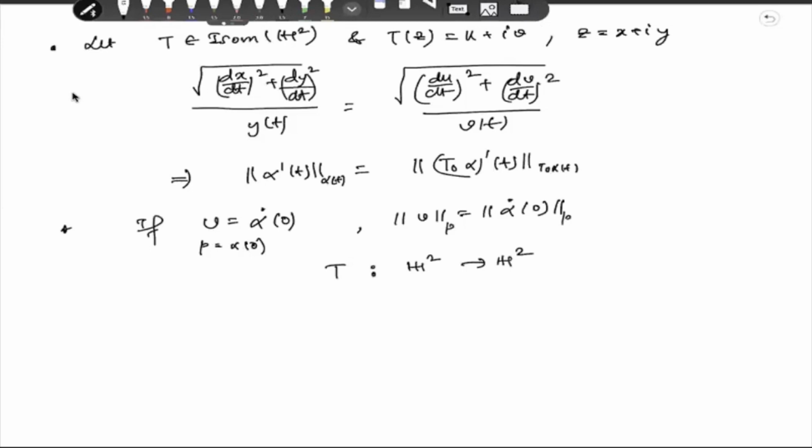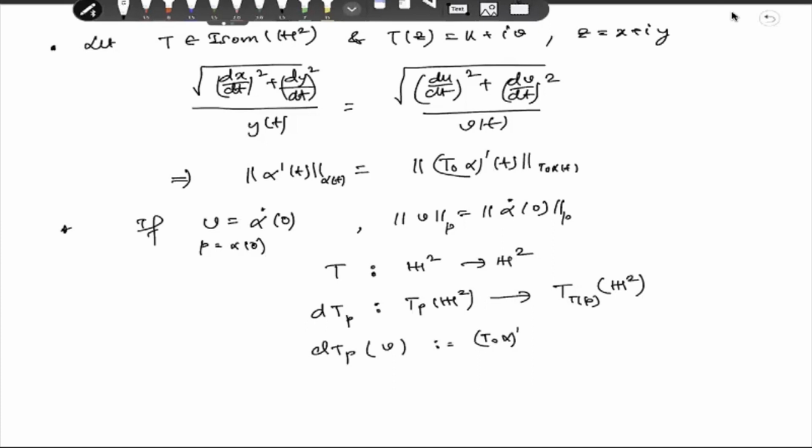So this differential of T is a map from the tangent space of the upper half plane at the point P to the tangent space at the point T P of the upper half plane. This differential dT at P applied to V is nothing but equal to T composed with alpha prime 0.